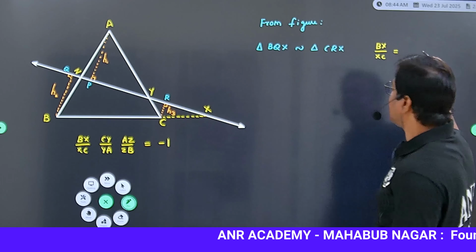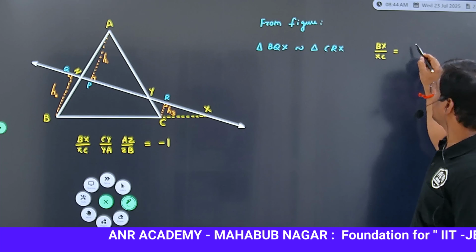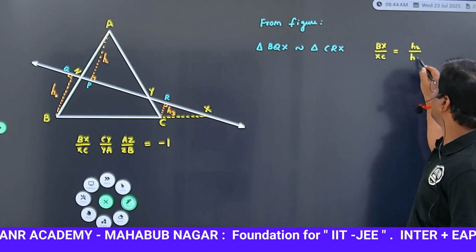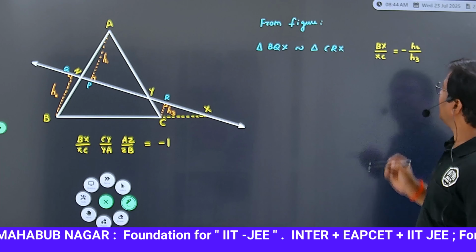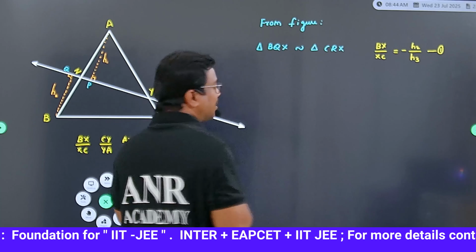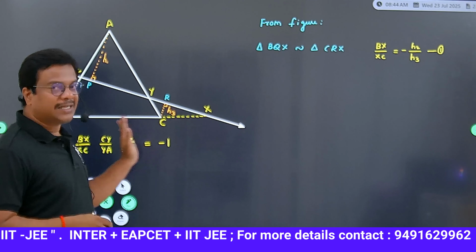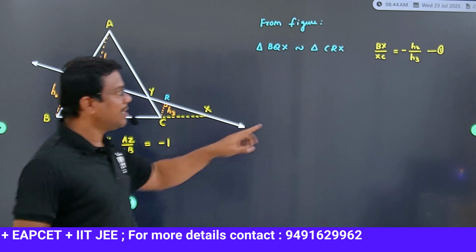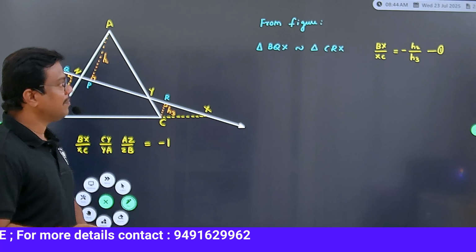Their corresponding ratios are proportionate, so that here you have to write H2 divided by H3. Due to opposite direction, I am going to write a negative sign. This is result 1. Here the two triangles are similar, but the direction of BX and XC is opposite. Due to that reason, I am going to write the ratio negative H2 by H3.